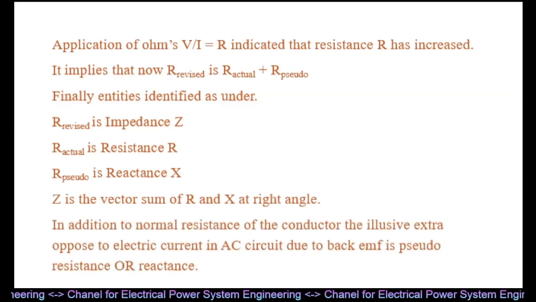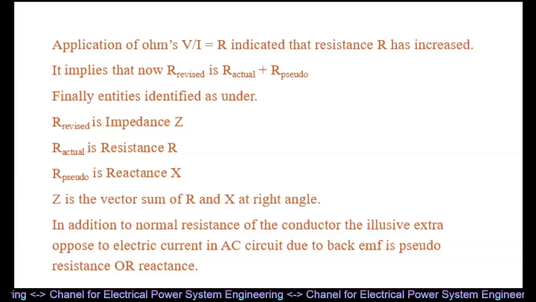It implies that now the revised resistance is actual plus pseudo. Finally, the entities are identified as under. Revised is impedance Z. Actual is resistance R. Pseudo is reactance X. Z is the vector sum of R and X at right angle.